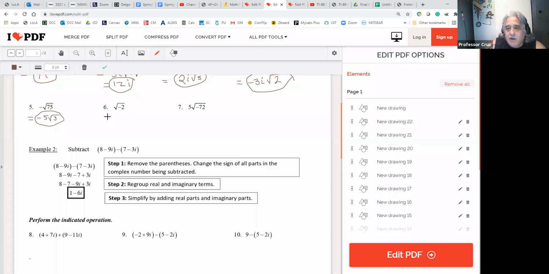Not much is going to be done. It's just i square root of 2. The negative sign comes out and becomes an i in front.